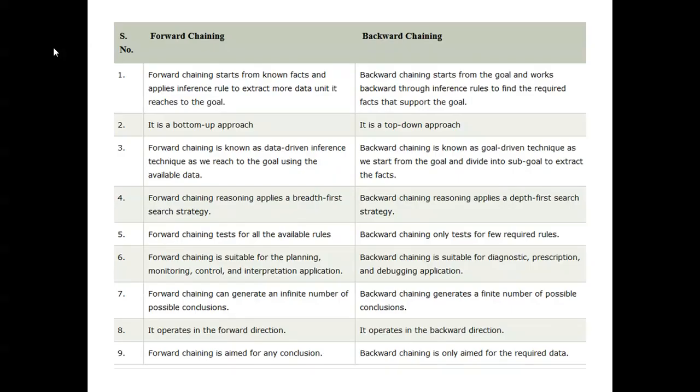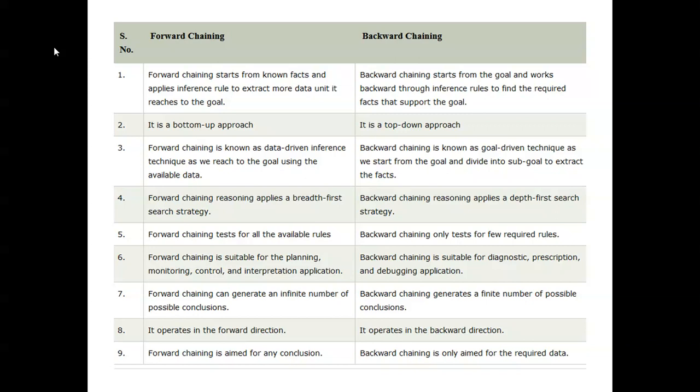So this is forward chaining and backward chaining. What's the difference between forward and backward? There is a tabulation. In forward chaining, facts are applied to inference and reduce to the goal, whereas backward chaining works backward from the goal, checking the facts that support the goal.